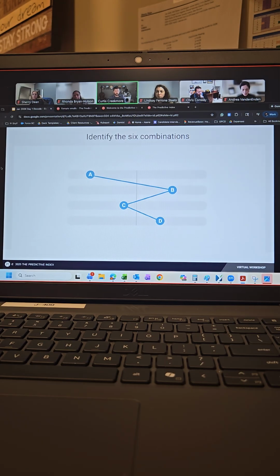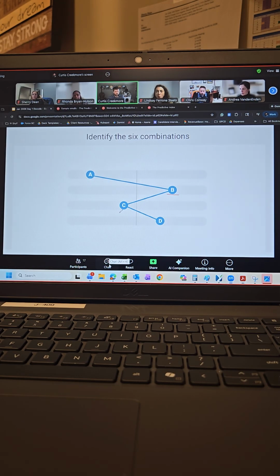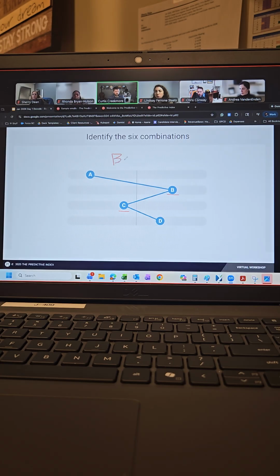Perfect, yes. So B is higher, C is lower, B over C. Great. B and D. Excellent, yes. Just by a hair, oh, that's a real straight line.